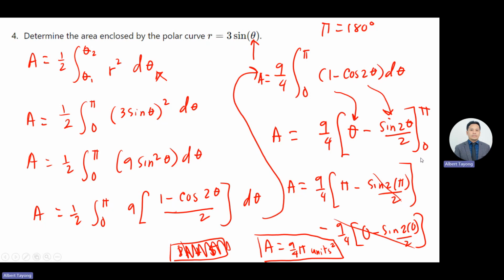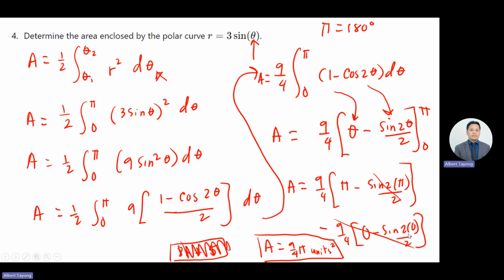So that is from 0 degrees to pi or 180. So now we are going to replace, starting with pi. So we have pi, change theta to pi, minus sine 2 pi over 2. This becomes 0. So the remaining here is 9/4 pi.